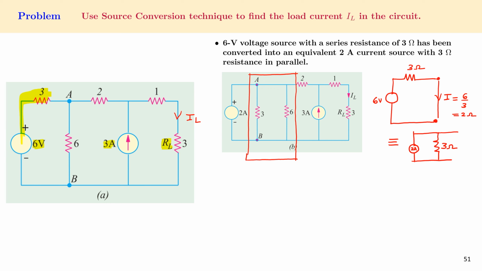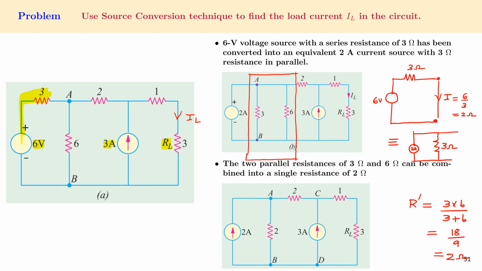Now we can find the parallel combination of the 6 ohm and 3 ohm resistors, which is given by R equal to 3 multiplied by 6 divided by 3 plus 6, that is 18 by 9, which is 2 ohms. And when we simplify the circuit, it will be like this.